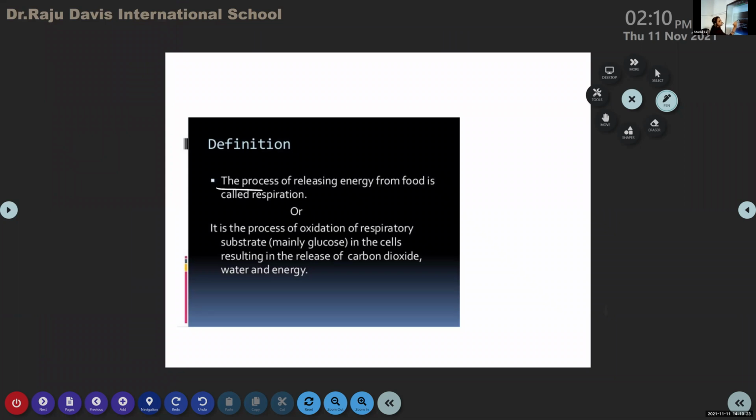The process of releasing energy from food is called respiration. The cell performs various functions like excretion, transportation, nutrition. To do all these, our cell needs energy, obtained from food, and the process of releasing energy from food is called respiration.